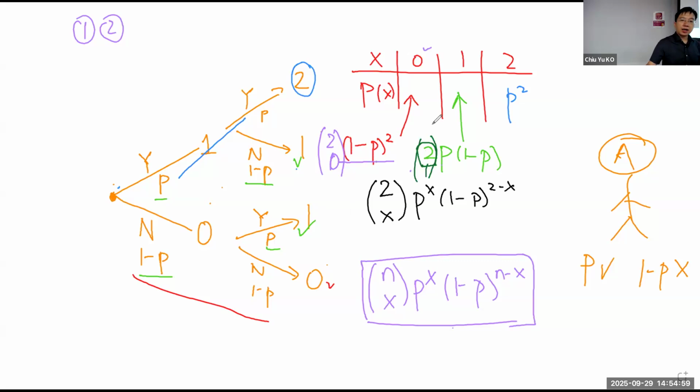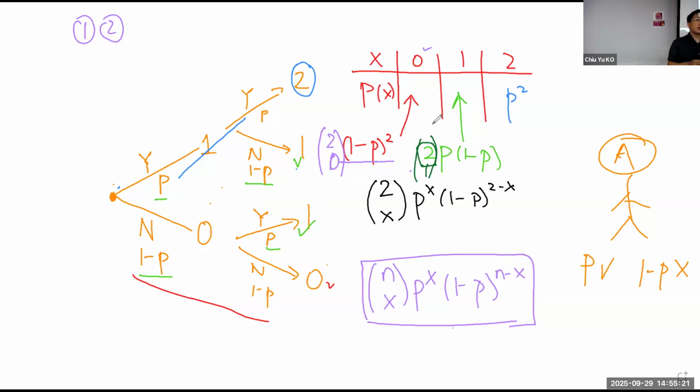2C1. Why? Remember, you have one success and one failure, right? That's success and fail, which is P times 1 minus P. And how many ways can you do it?